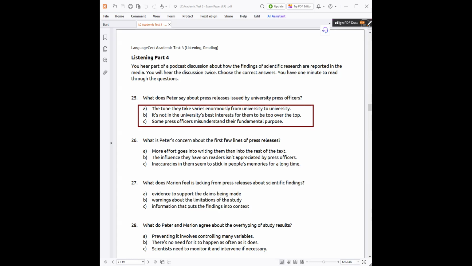Hello. Hi. Peter, let's start with the role of the university press officer. They put out a press release when scientists at the university publish a study with the hope that journalists pick this up and write a story on it. Would you say that there's an intrinsic motivation for press officers to overstate study findings?